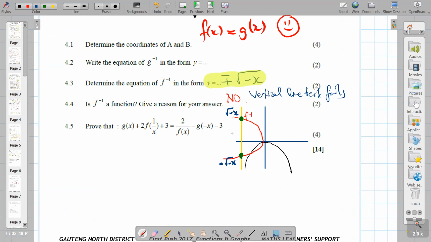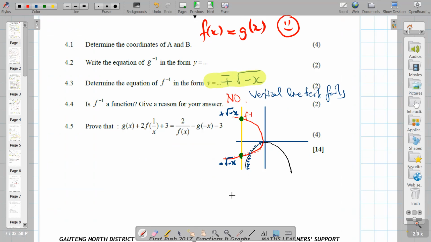We have to choose one of them, one positive, one negative. One of them must be chosen, and that choice can only be done if we restrict. If we take the negative side of the inverse, then it's like the fish condition, or the other way around, the bird or the fish.